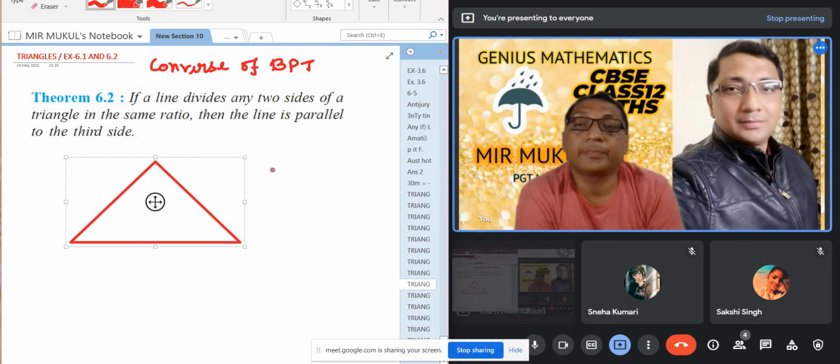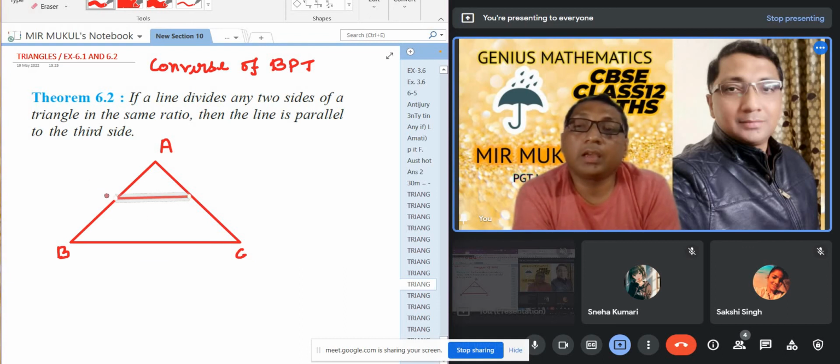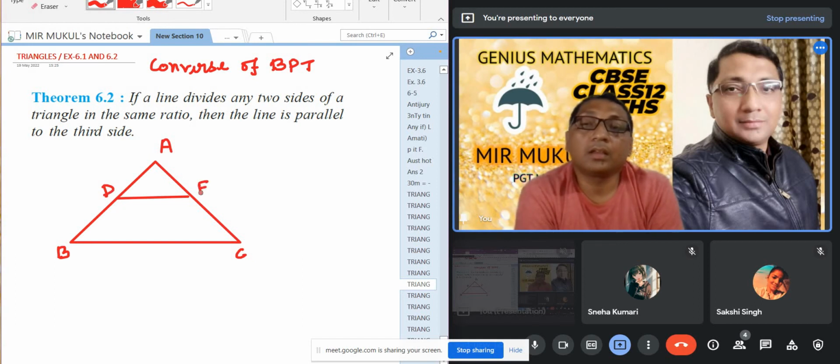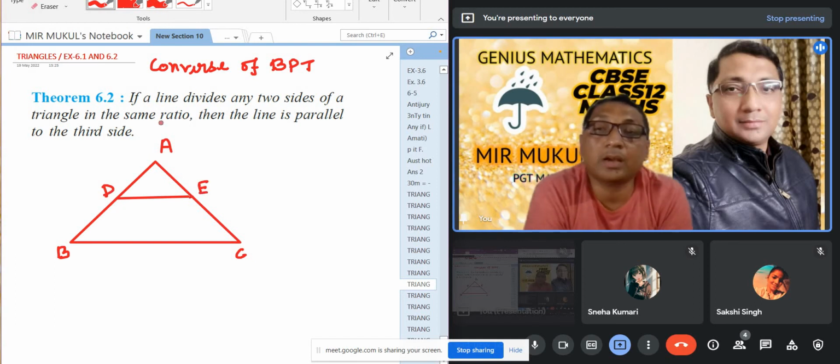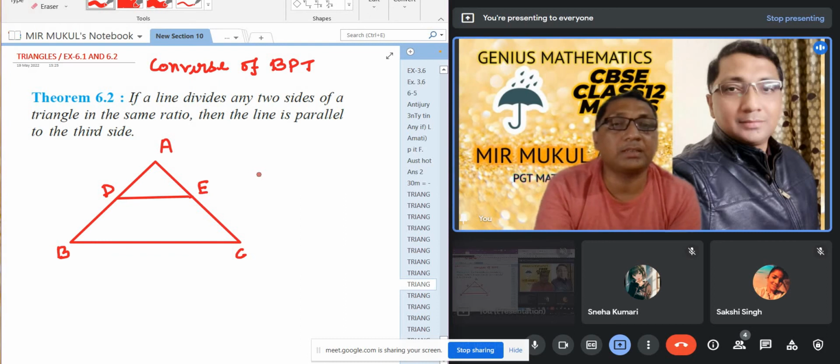Suppose a triangle, give its name ABC, and here D and E. So what is given according to this theorem? If a line divides any two sides of a triangle in the same ratio, then the line is parallel to the third side. That means here just the opposite of BPT is given.